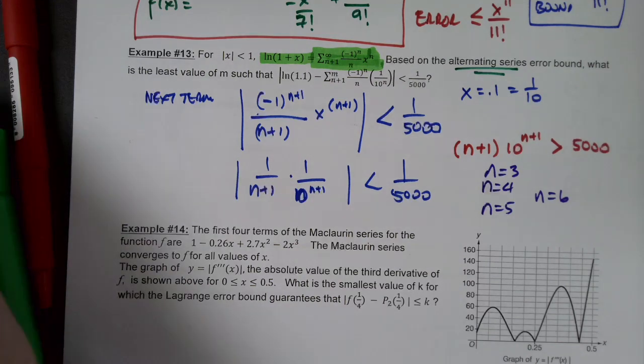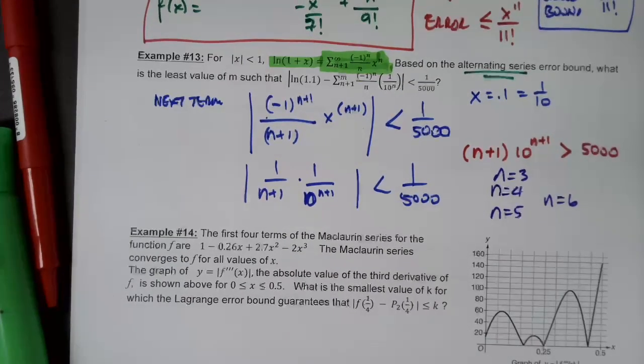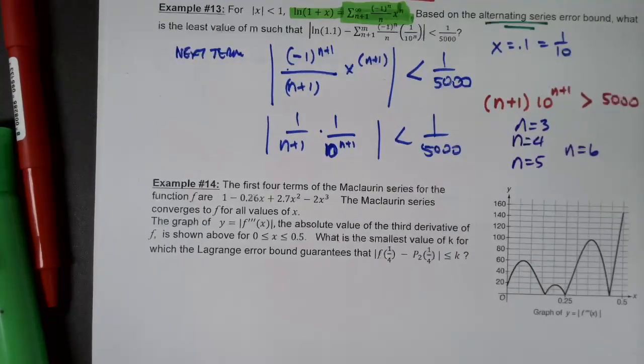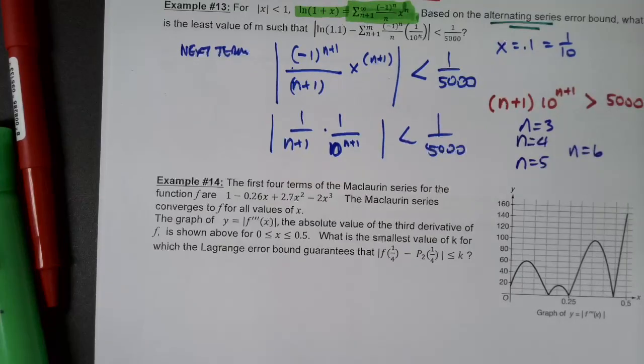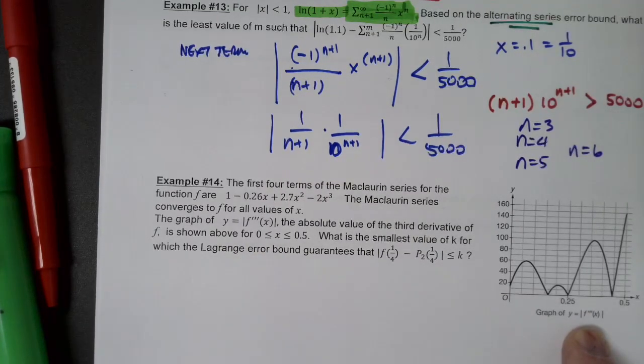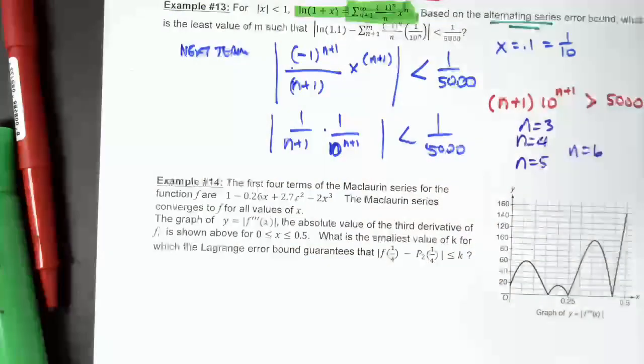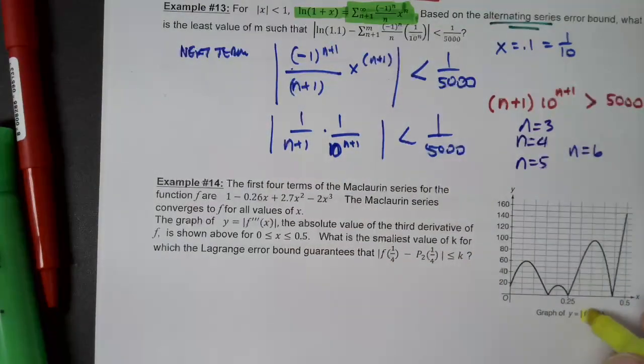Okay, next one. It says the first 4 terms of a Maclaurin series are given right here, and they converge for f for all values of x. Okay, they have shown the graph of the third derivative of f. This is not f. This is the third derivative of it.